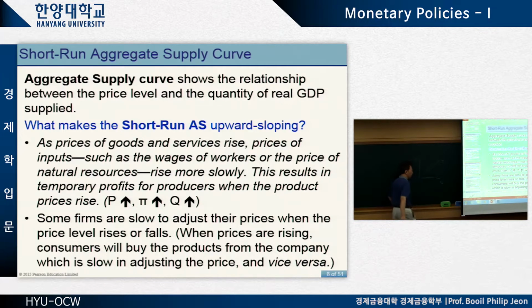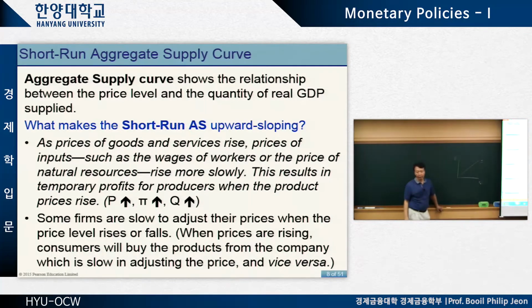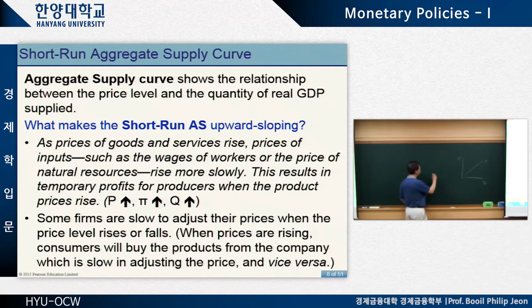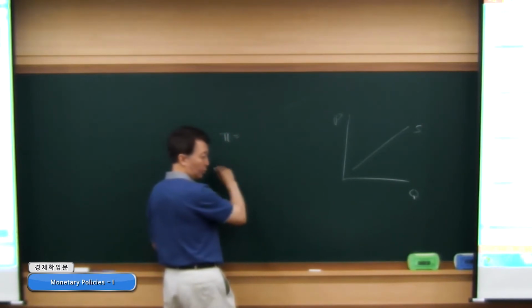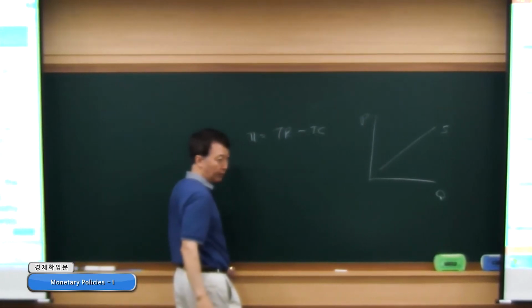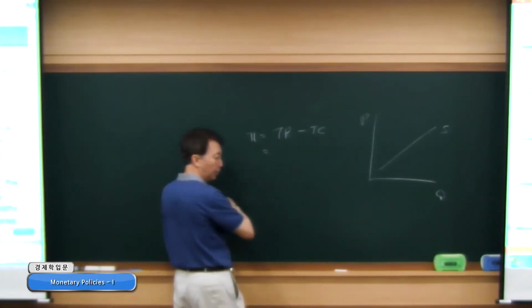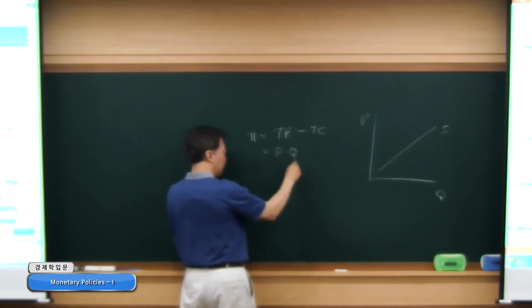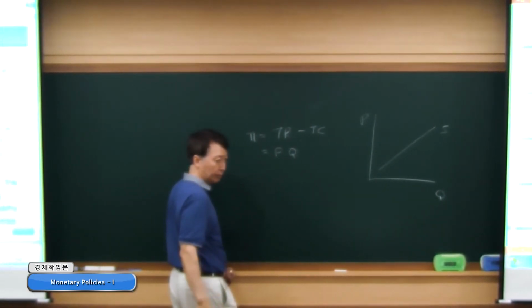And the reason why the supply curve would slope upward, at that time we used the concept of profit, right? If you remember, profit is total revenue minus total cost. Total revenue is P times Q, price per unit times how many units you sell.